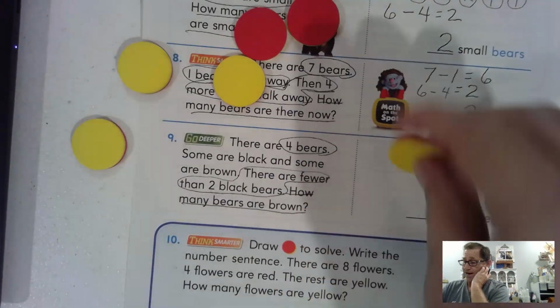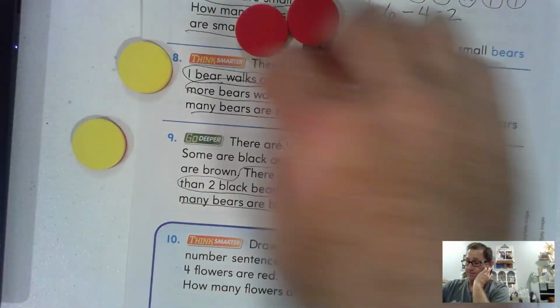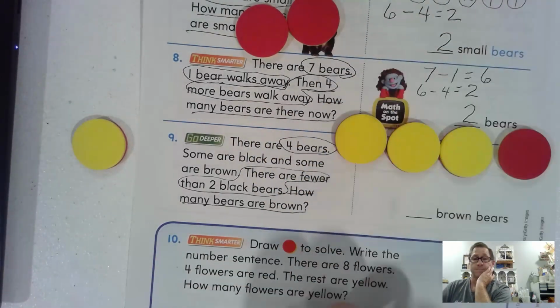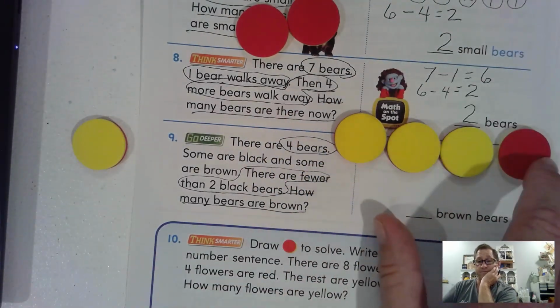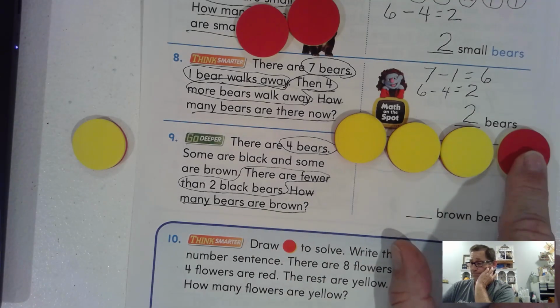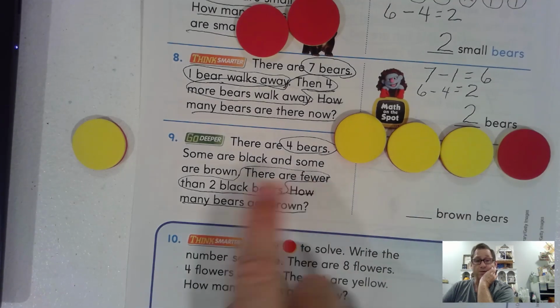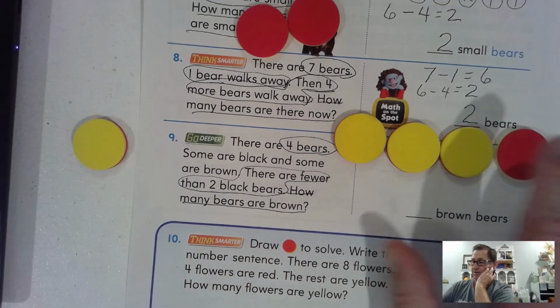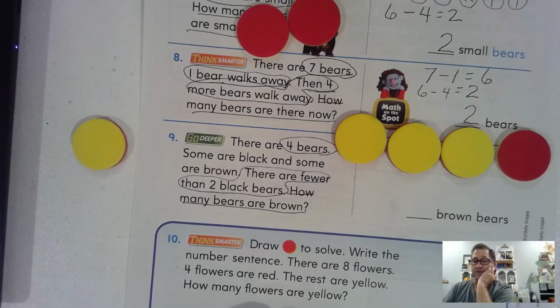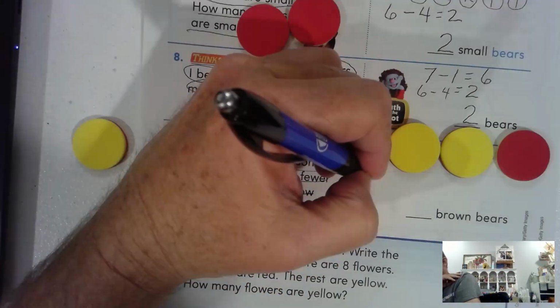Okay, and so the rest, I have to have 4 bears, right? All right, so if I have 1, 2, 3, 4 bears total, we know there's only 1 black bear because it says there are fewer than 2 black bears. So 1 of them, right? So the rest have to be brown. Okay.